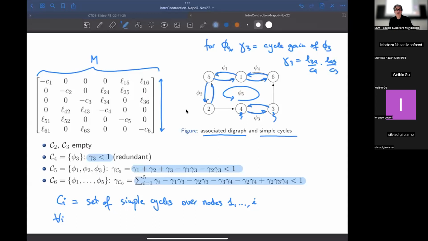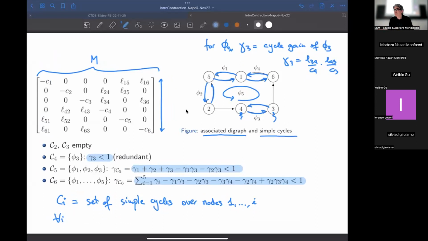I may touch more upon it later on, but for now, this is the story as I want to tell you about contraction theory. Remember, we started from the interconnection of non-linear systems, and we ended up with a purely algebraic problem. Just check the matrix coordinates. So this is quite an achievement. The strength is that it's really remarkable. You go from a highly non-linear, difficult problem to something that is just check a matrix.